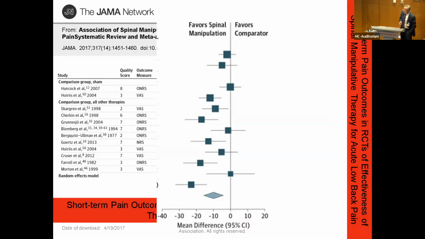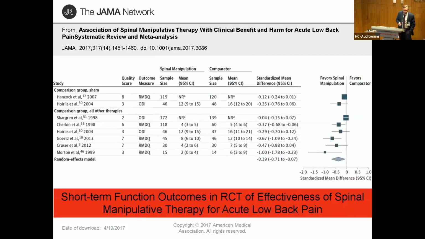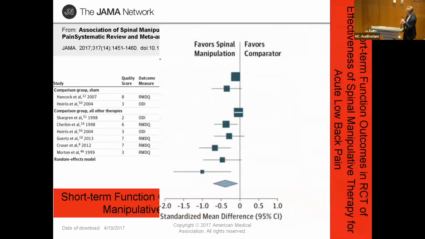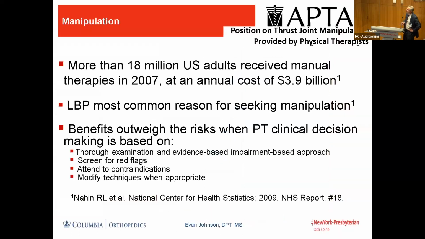Then they looked at function and looked at the studies, and they were randomized controlled trials, so they were high quality studies as we classify them. And again, for the most part, they found that manipulation is effective in terms of functional gains, short term, for acute low back pain.